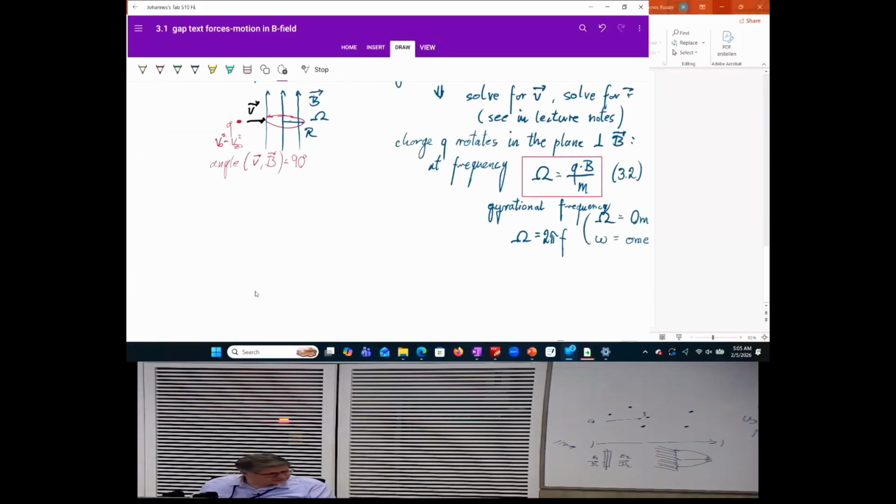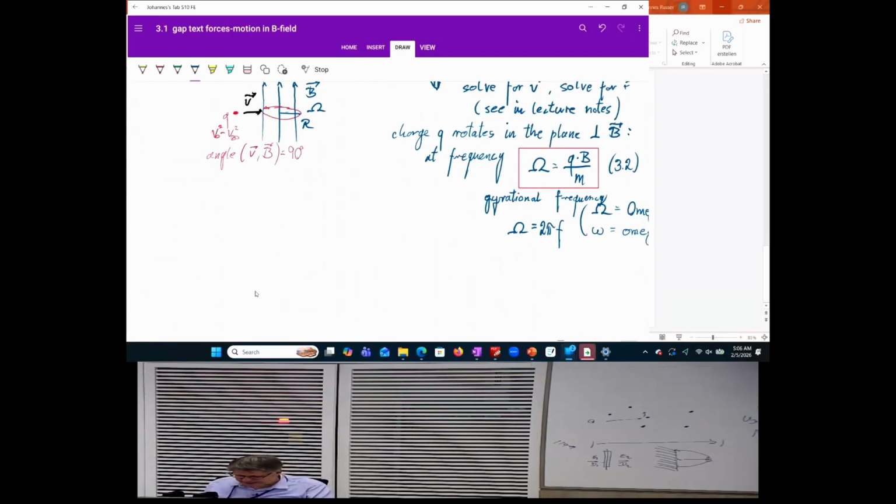So what about the radius? Well, in a gyration you also have a radius, and that depends on the velocity that you have and on the gyration frequency. And this relation I want to give you here.